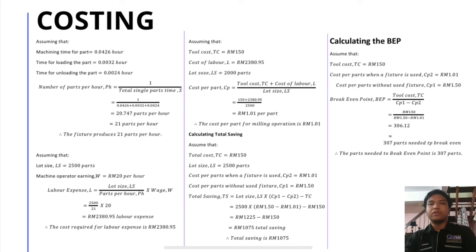So 150 ringgit divided by 1 ringgit 50 cents minus 1 ringgit 1 cent, so the answer will be 306.12, which can be rounded to 307 parts needed to break even. Therefore, the parts needed to break even is 307 parts.